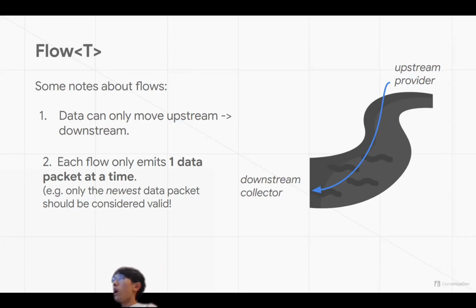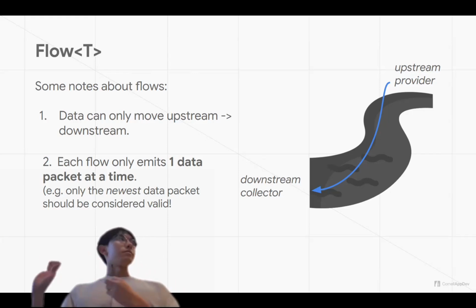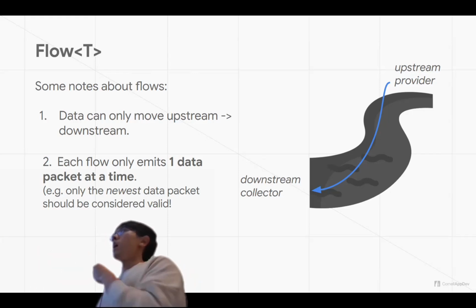The idea is, for example, if you wanted to send a list of chat messages that the screen is supposed to show, you would send a flow of list of chat messages as opposed to a flow of chat messages. This seems kind of confusing. We'll get into this in a little bit.